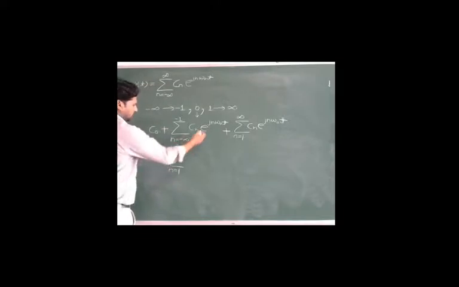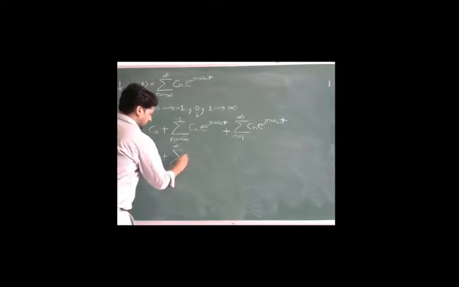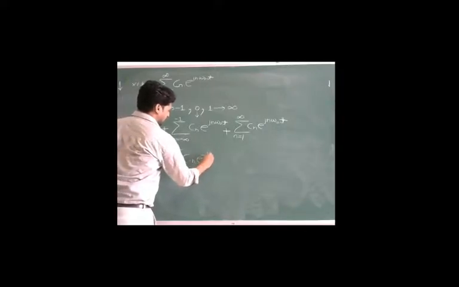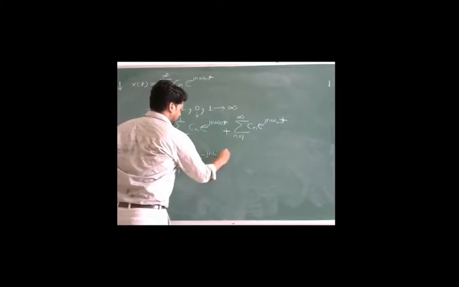if we take only positive values of n, we convert the limit from minus infinity to minus 1 into n from 1 to infinity, but we replace n by minus n. This becomes C of minus n e to the power minus j n omega naught t. Simply, we have to replace n by minus n in the limit and in the given expression also.